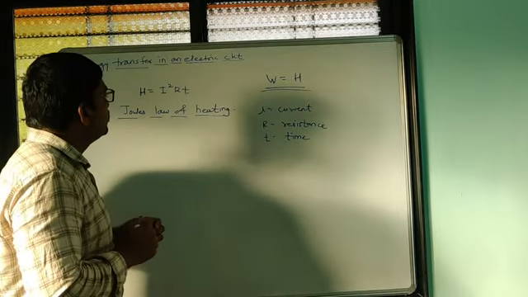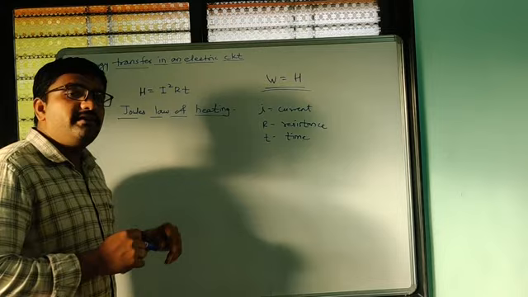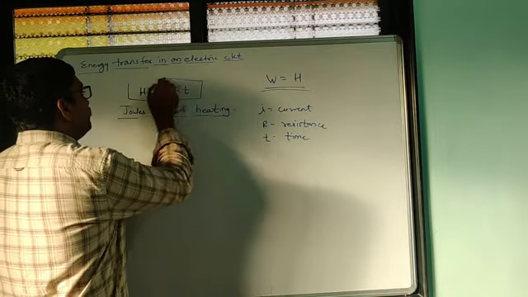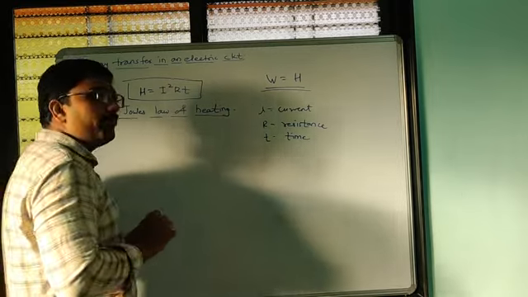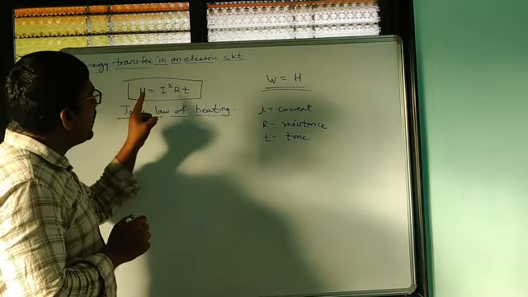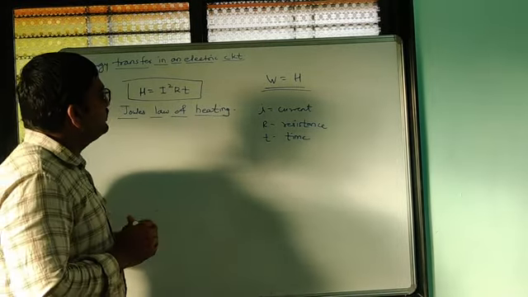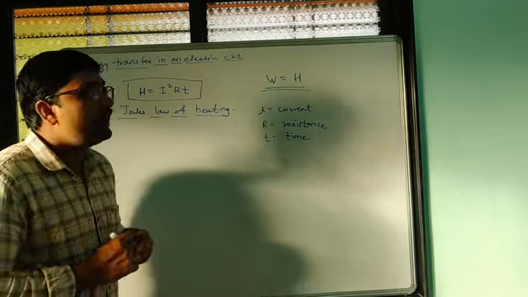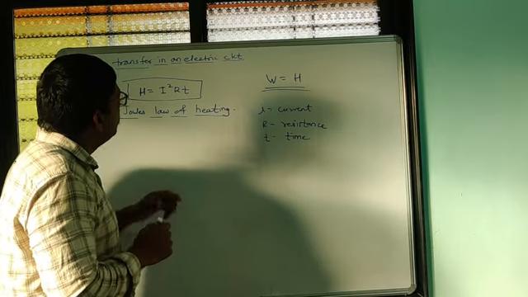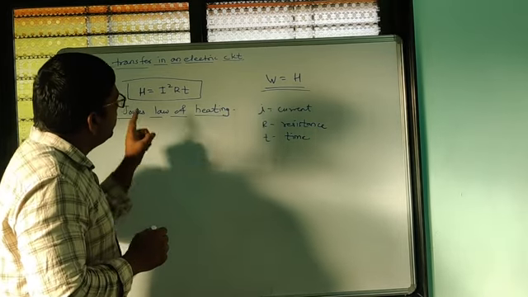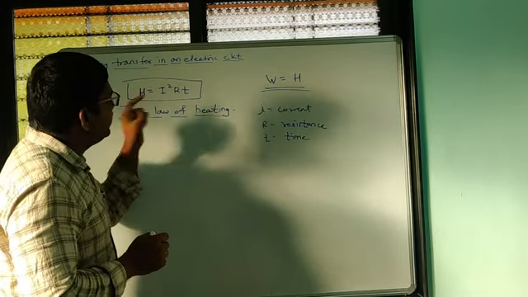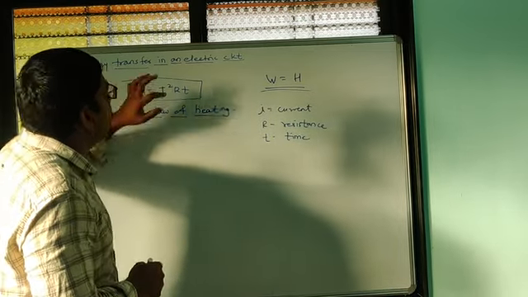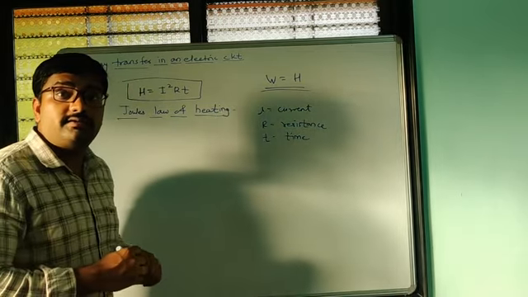So H is equal to I square RT, that is the total amount of heat we will get after passing current I through resistor R for time T. If we pass current for time T, with resistor R and current I, we will get that much amount of heat through that circuit.